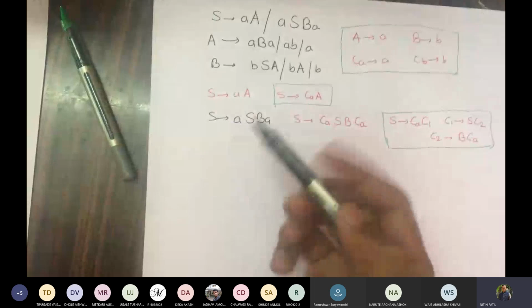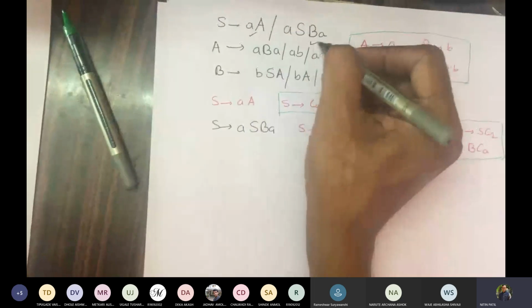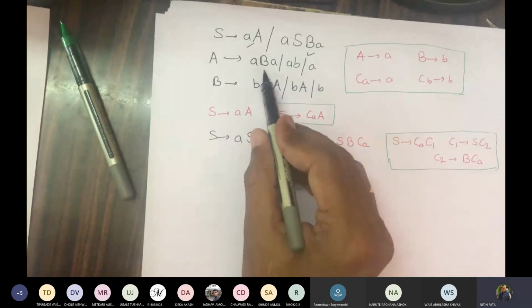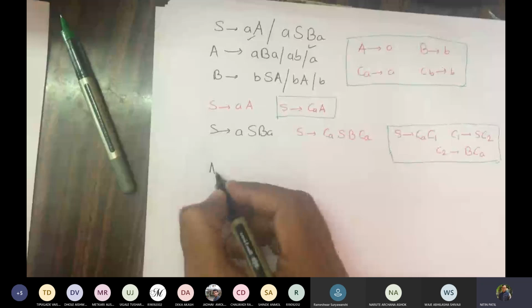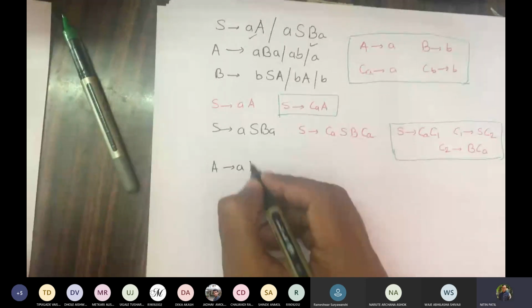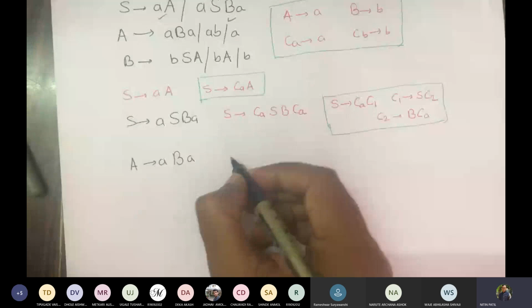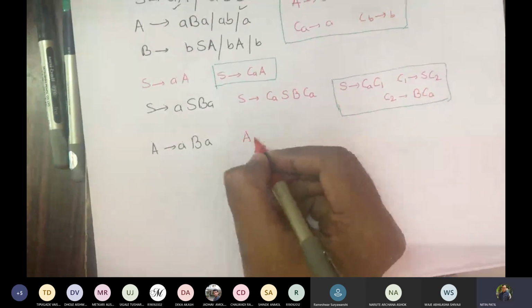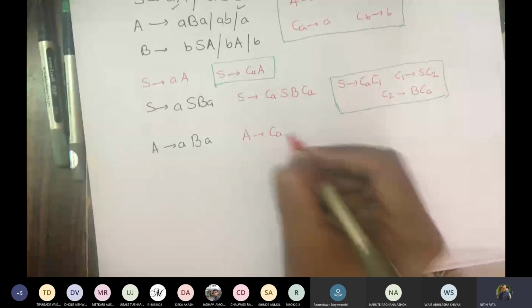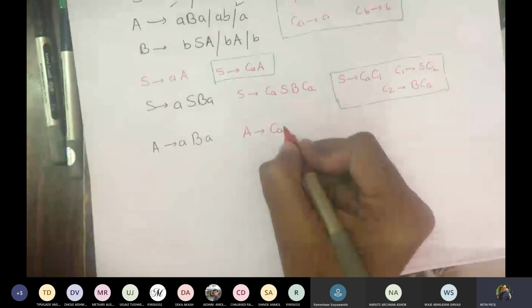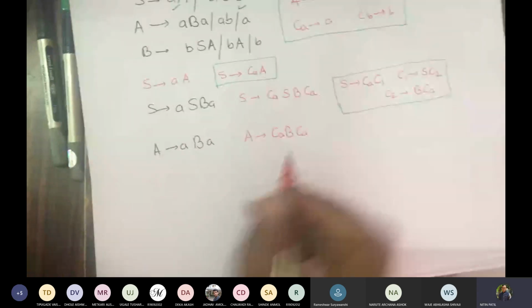Next, we work with these two. Let us take A. A gives aBa. So what should we do now? We will start with A gives CA, B and CA.